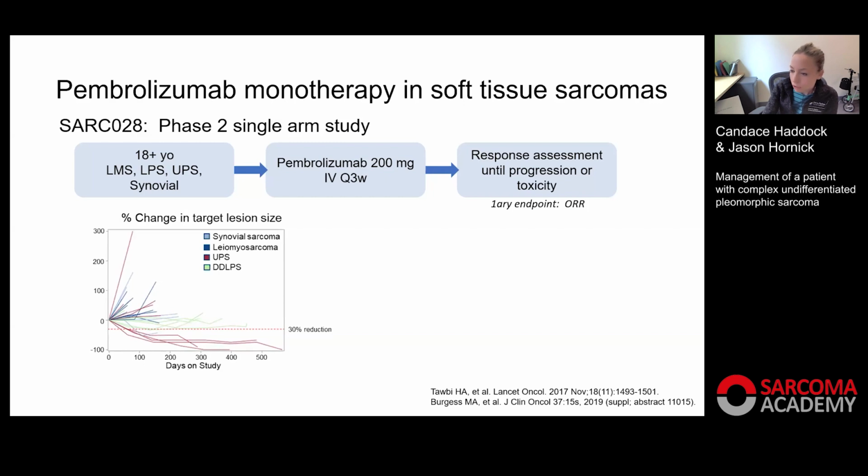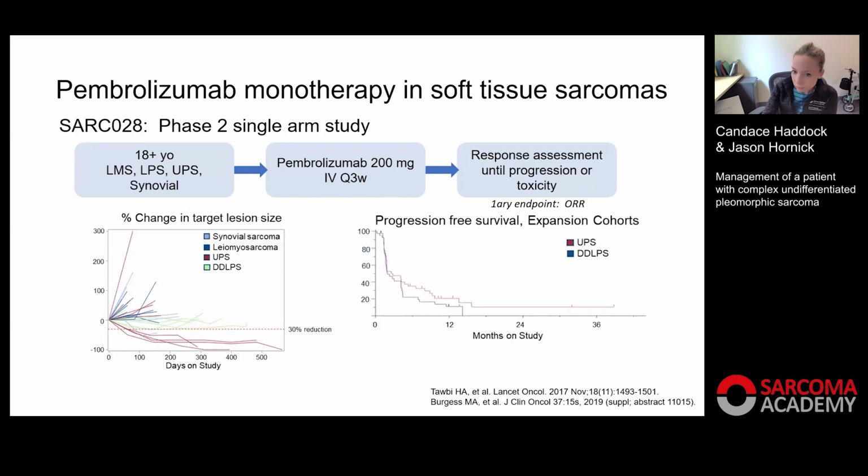There were 4 responses, some, as you can see, very durable, and really nice tumor response, which led to expansion cohorts and included UPS and dedifferentiated liposarcoma. And those data are shown here. Overall, the objective response rate for pembrolizumab monotherapy was 23% in UPS.